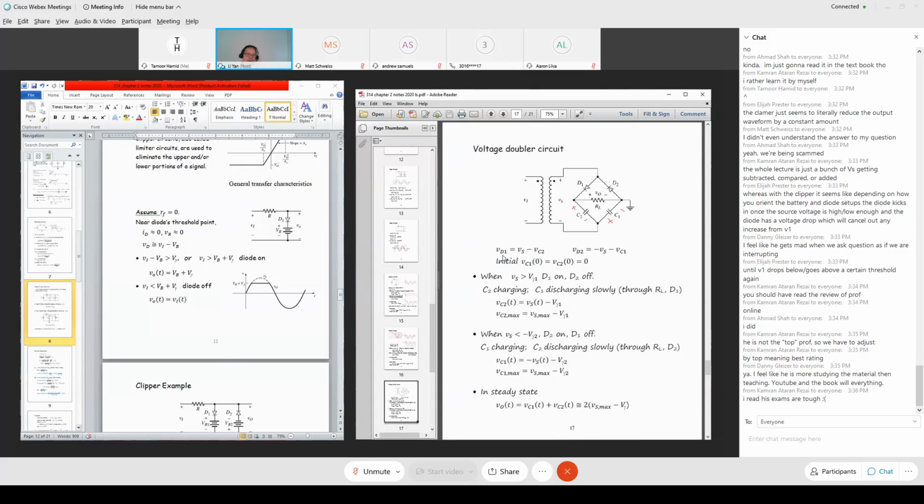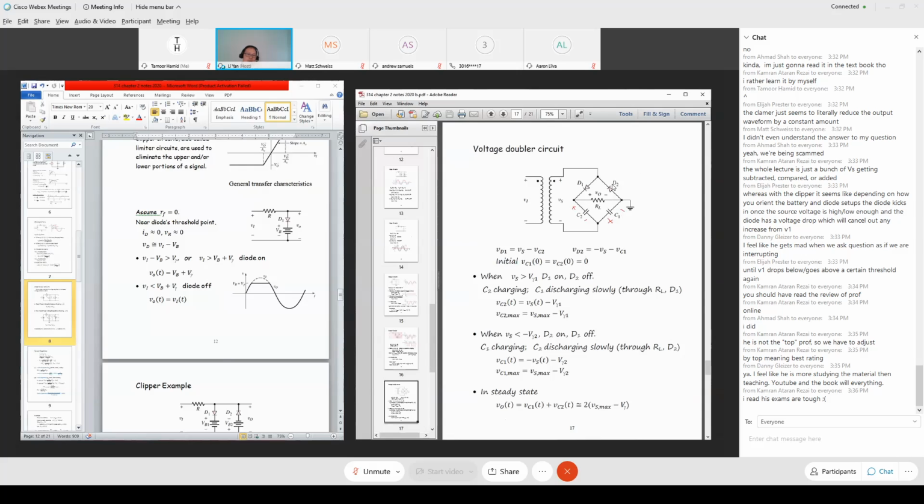Again, the important thing is we want to determine what influences diode voltage. Diode voltage VD1. What influences this diode voltage? VS, the input voltage. And if you subtract VC2, that's VD1. So VD1 equals VS minus VC2. How about VD2?